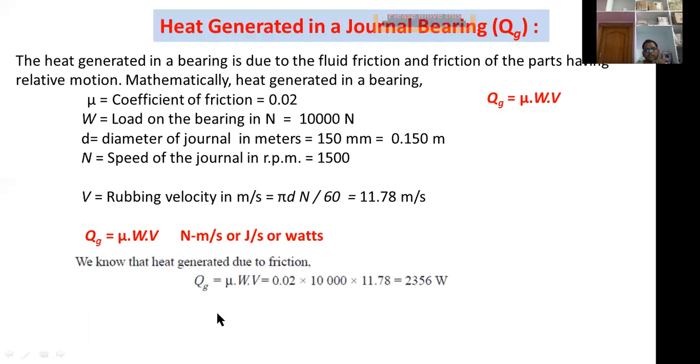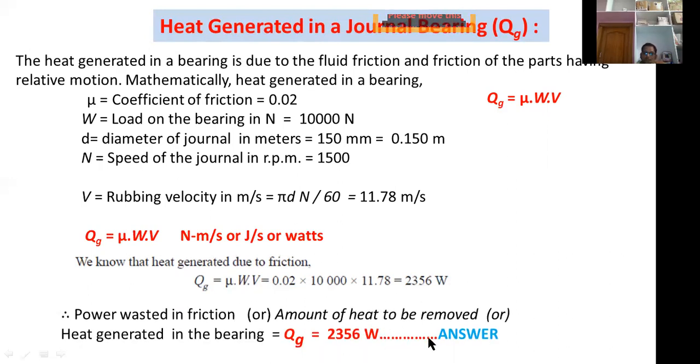The final answer for amount of heat generated, or amount of power wasted, Qz equal to mu W V equal to 0.02 into 10,000 into 11.78 equal to 2356 watts. This is our required final answer. Now the second problem is also completed.